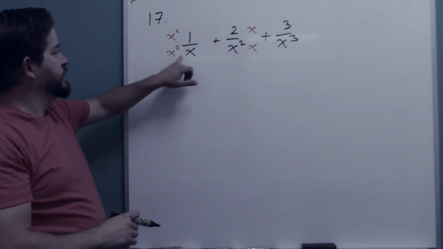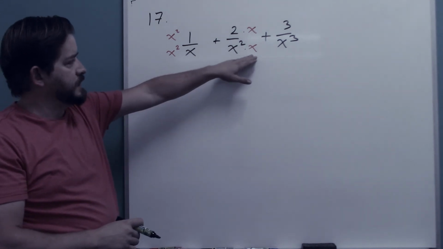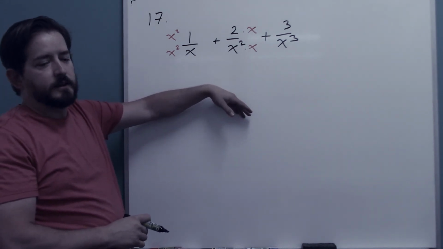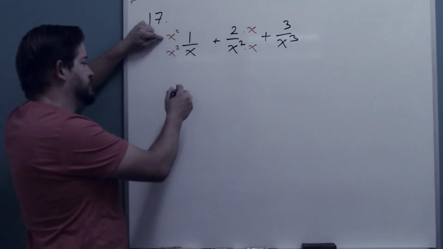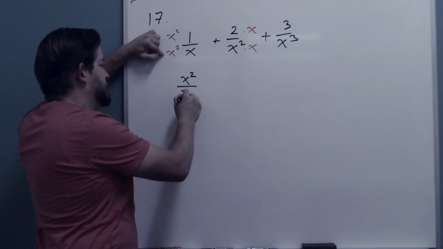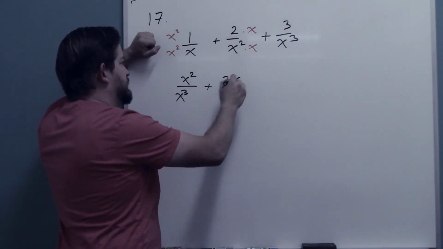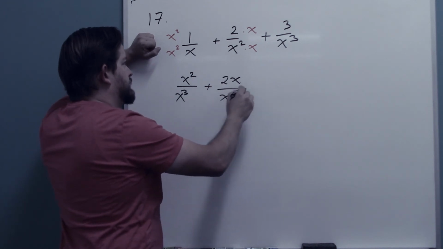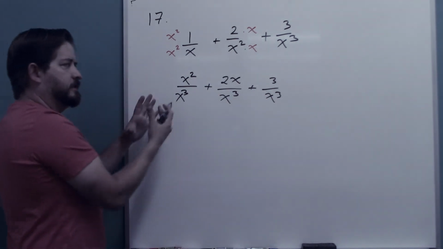Now I have x squared times x is x to the third for my denominator for the first, x squared times x is x to the third for the denominator in the fraction of the second, and x to the third for the third. So this then turns into x squared over x to the third plus 2x over x to the third plus 3 over x to the third. They're all x to the third denominators.